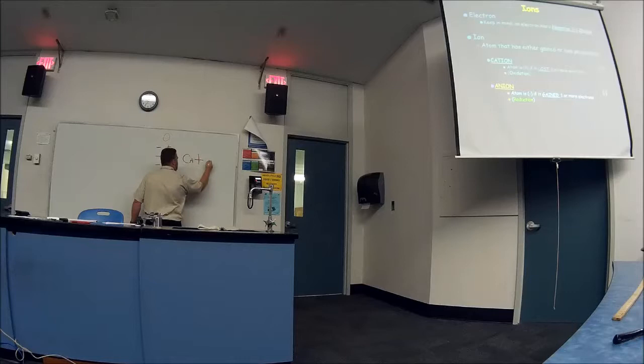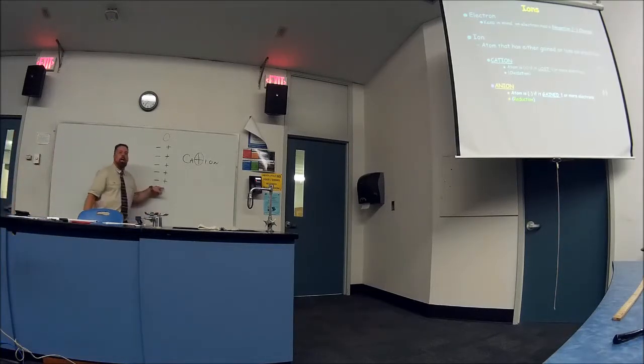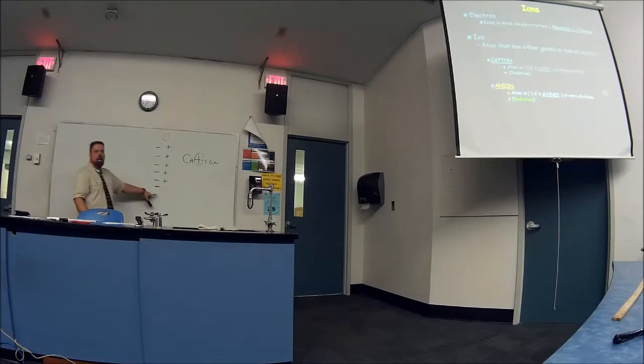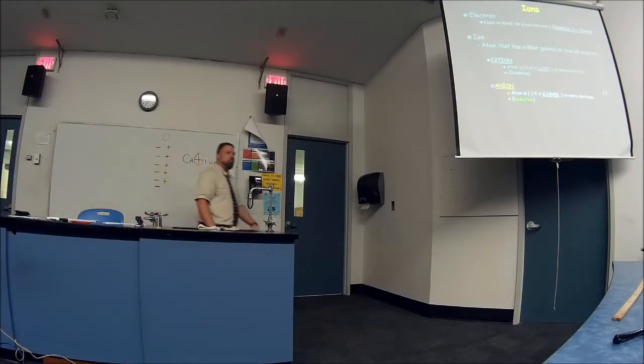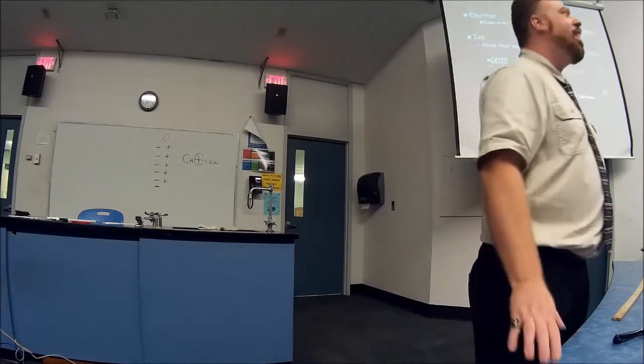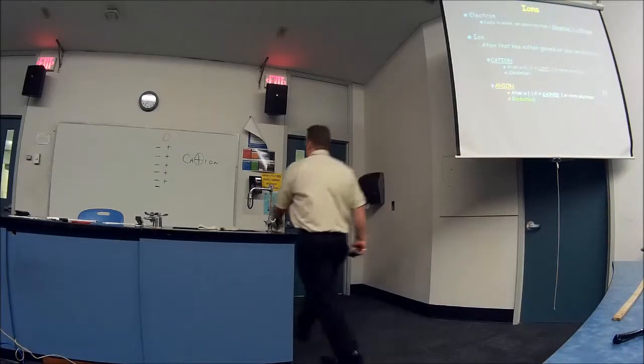Whatever you use for your mnemonic. But mnemonics only work a certain way. You need to understand the concept, because that's not going to help you if I ask you whether it's going to gain or lose an electron. But are we clear about that? It took me 7 years to come up with that concept to help students understand it. And everybody understood it. All right? Is that clear? Good. All right.